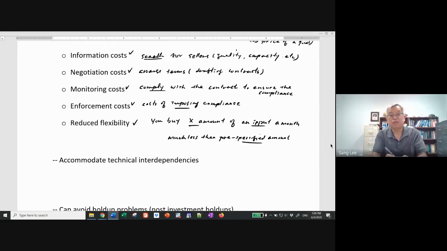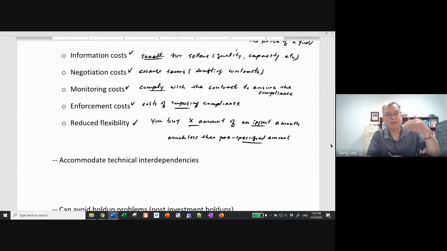But the seller may say, "I'm sorry, what's happening at your end, but you agreed to buy X amount of this input from us every month. So you have to buy it, regardless of how much input you need a month. Since you agreed to buy X amount of this input every month, you have to buy it." So you have what? Legal obligation.